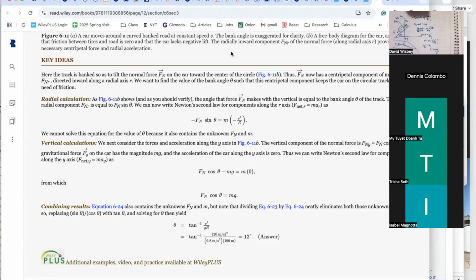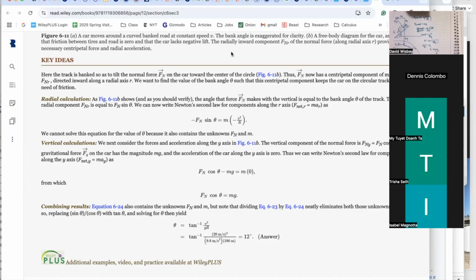All right, let's take a look in the textbook. If you haven't looked in the textbook, there's a lot of really good information and a lot of really good examples that they have worked out. I always say it's a good idea to read the textbook if you can. Hopefully, by this point, you have finished reading through chapter 6, because we will be moving on to chapter 7 next time.